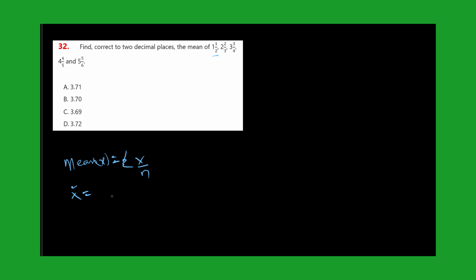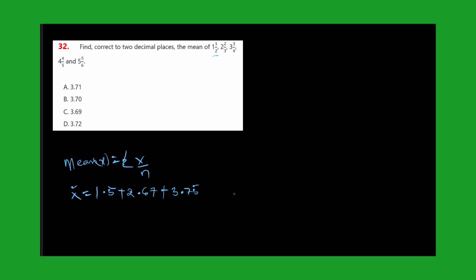will be convert each of the numbers to decimal. 1 1/2 will be 1.5. We need to use the calculator in case we cannot just guess. So 2 2/3 will be 2.67 plus 3 3/4 will be 3.75.